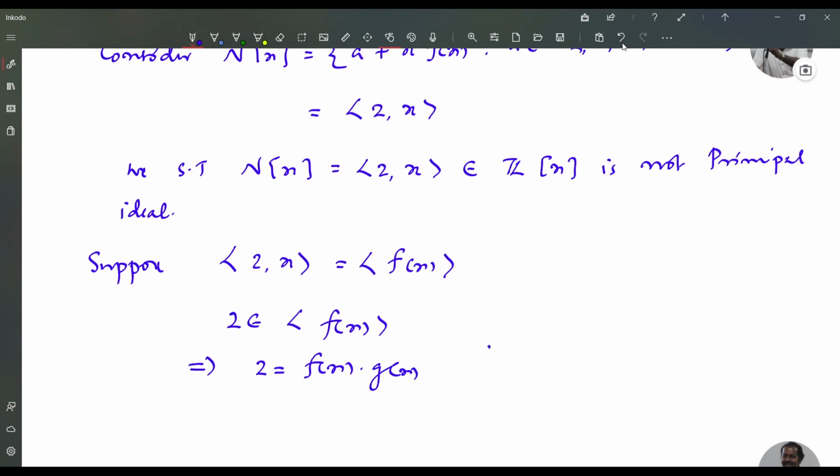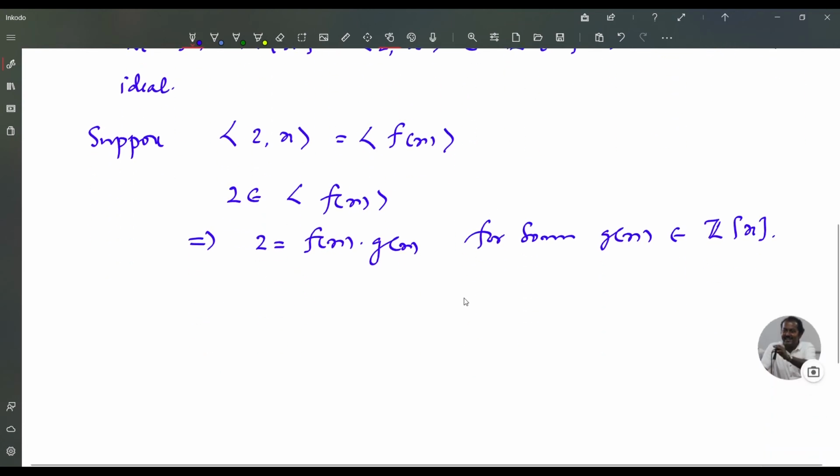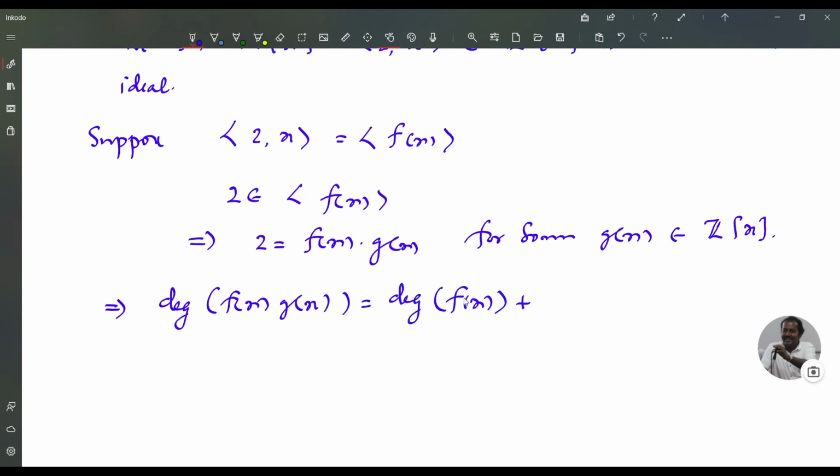for some g(x) belongs to Z[x]. Now from this, the degree of f(x) times g(x) is equal to the degree of f(x) plus the degree of g(x), that is equal to the degree of 2, that is 0.